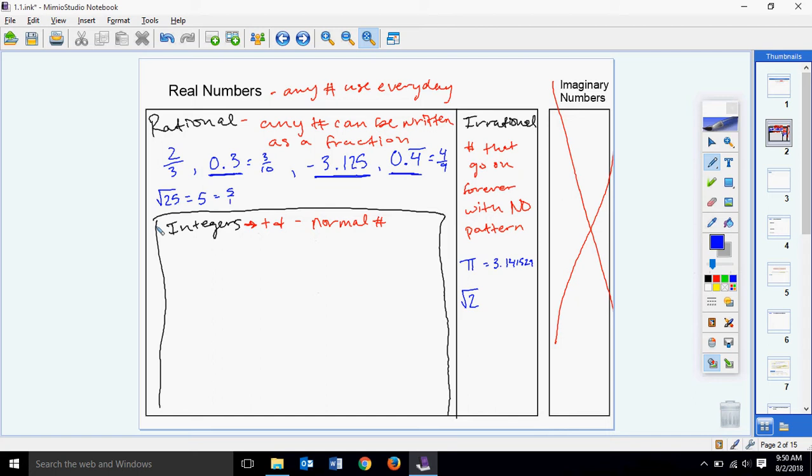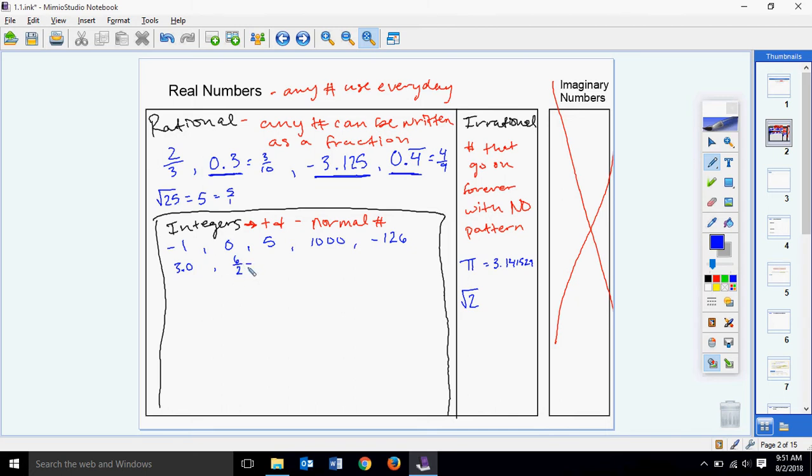It's positive and negative normal numbers. So for example, -1, 0, 5, 1,000, -126. So any positive and negative number that's not a decimal, it's not a fraction. It could be disguised as a decimal or a fraction, such as 3.0 or 6 divided by 2.